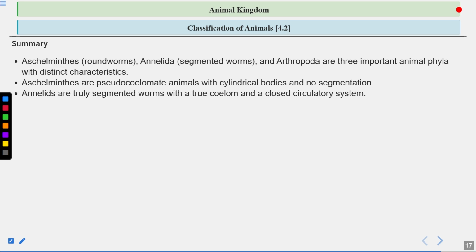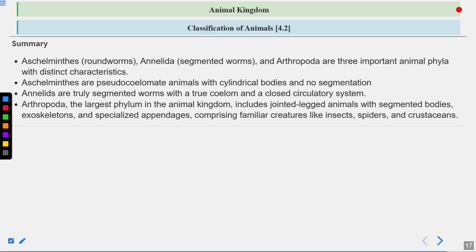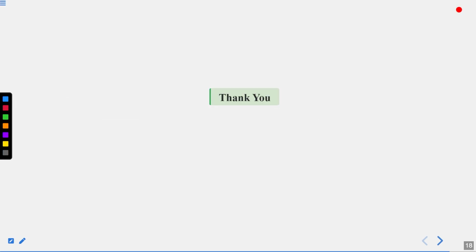Annelids are truly segmented worms with a true coelom and a closed circulatory system. Arthropoda, the largest phylum in the animal kingdom, includes jointed-legged animals with segmented bodies, exoskeleton, and specialized appendages, comprising familiar creatures like insects, spiders, and crustaceans. So this is all about today's session.